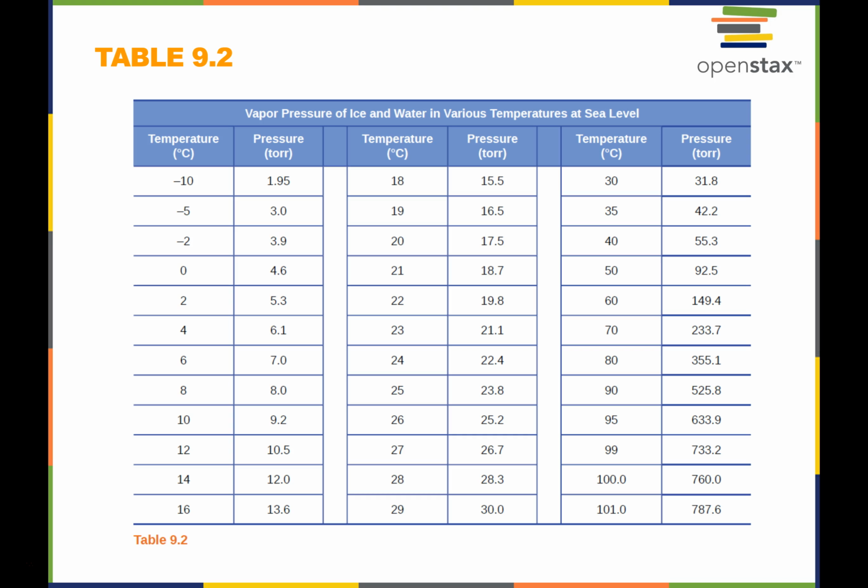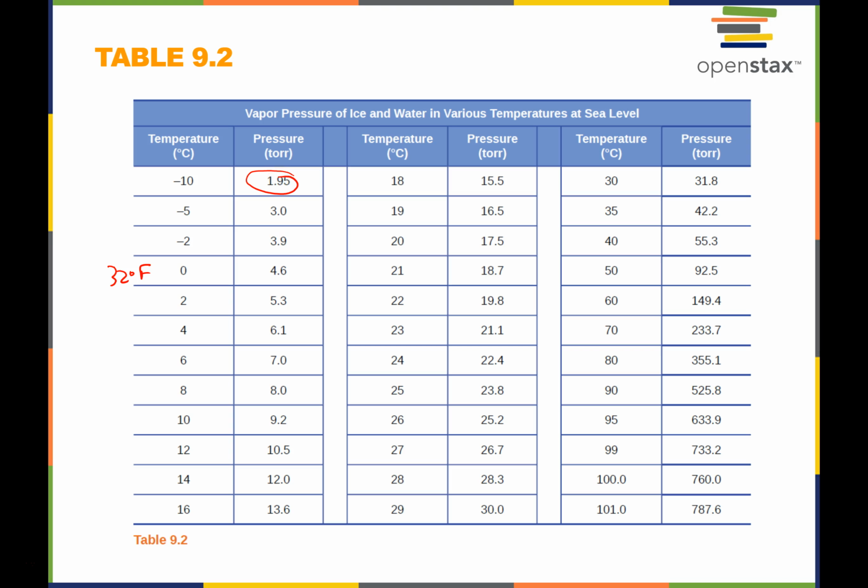It increases, yep. For instance, now it's Celsius, I'd have to do a little conversion. Of course, 0 Celsius is 32 degrees Fahrenheit. Even negative 10 Celsius, and we got even colder than that. Can you see where the equilibrium vapor pressure of water is 1.95?